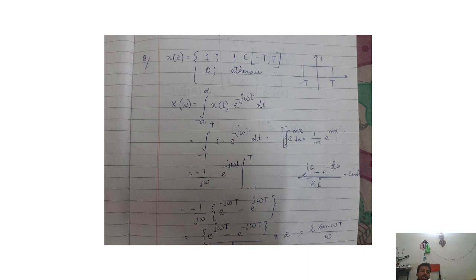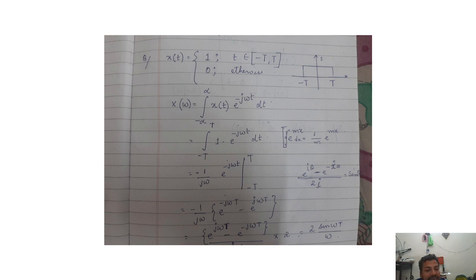I would like you to solve another problem. If you can please note it down, this will be for your homework. For instance, let us consider that you have a Fourier transform signal. Here you have to obtain the inverse Fourier transform, not the Fourier transformation. And I am considering the input is again a rectangular pulse, but in the Fourier domain.